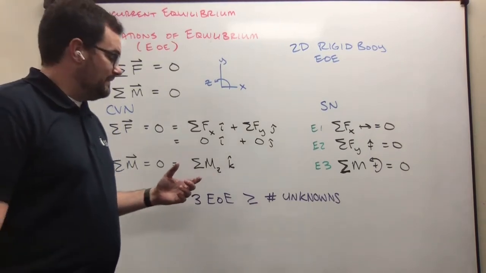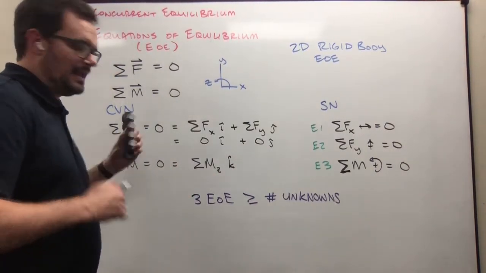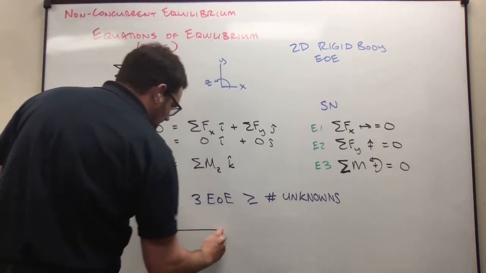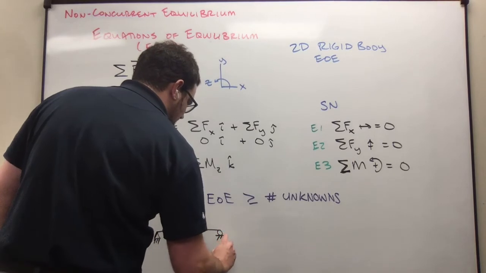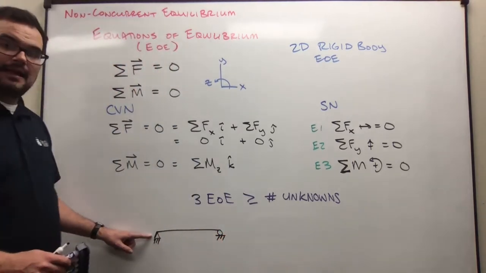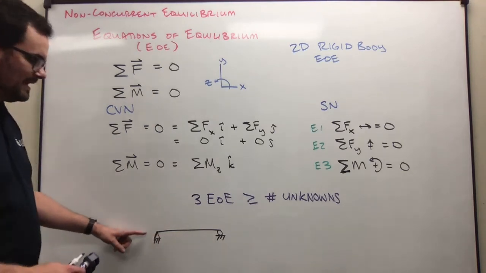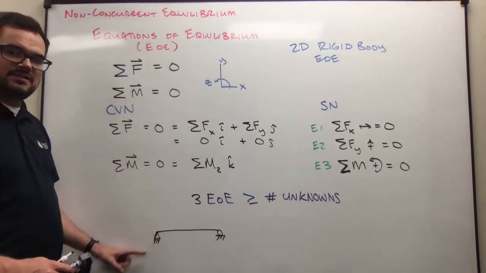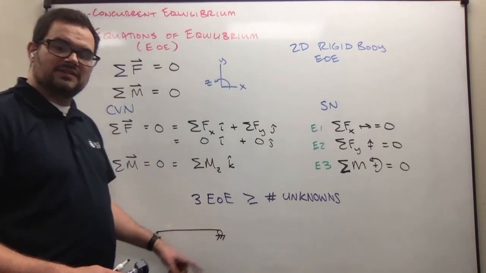And so one of the exciting things that happens out of this is that there are two systems that we commonly analyze using statics. One is simply supported. It would be a beam that looks like this. This is a simply supported beam with a pin and a roller. We'd acknowledge that our free body diagram, the pin resists translation, so two forces there, and the roller only resists translation up and down.